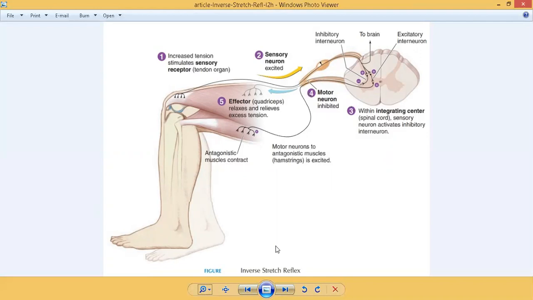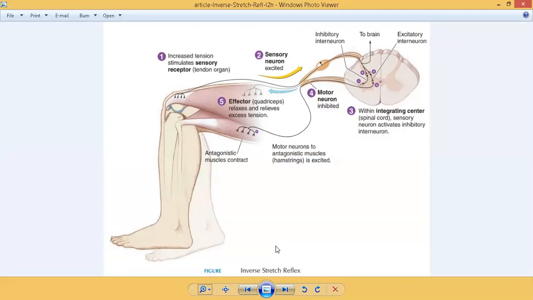Okay, now the stretch reflex. In the stretch reflex, only two neurons are involved. The cell body of the lower motor neuron is stimulated directly by the sensory neuron. So the afferent or sensory neuron directly stimulates the motor neuron.